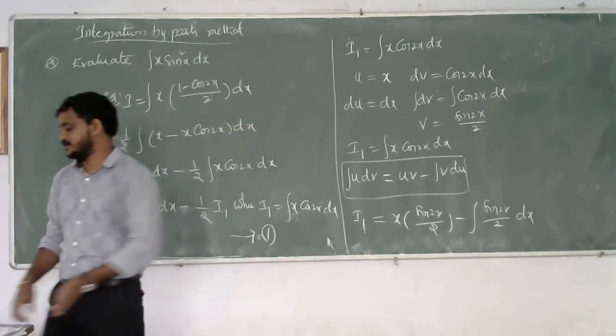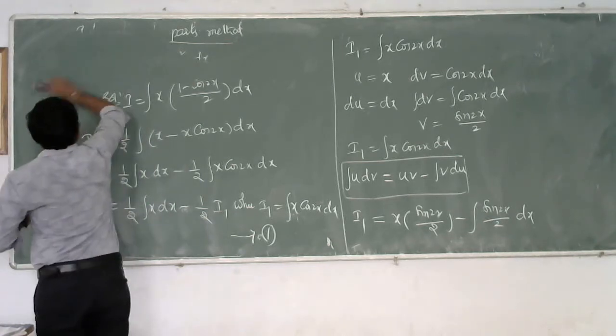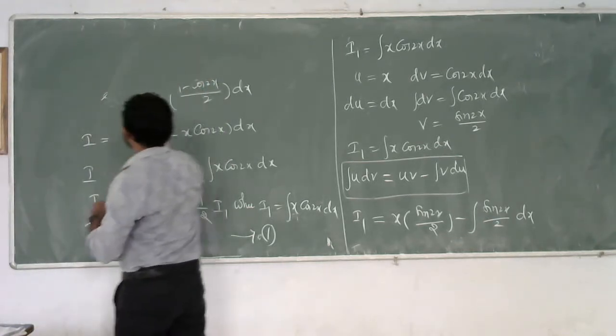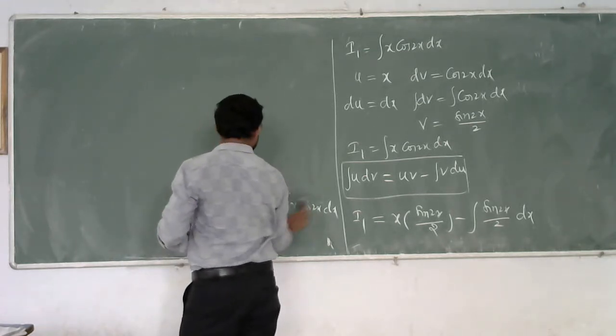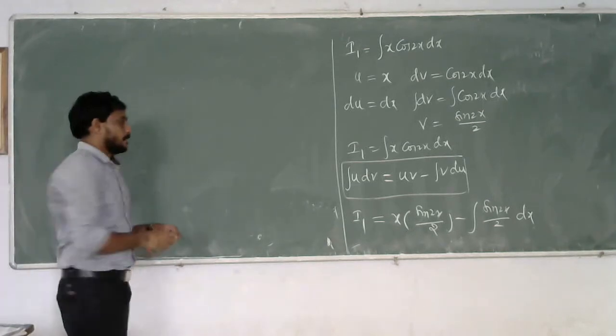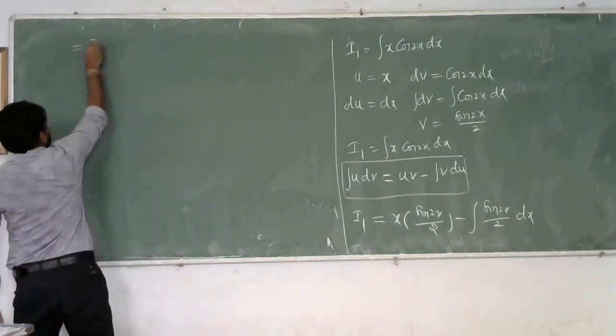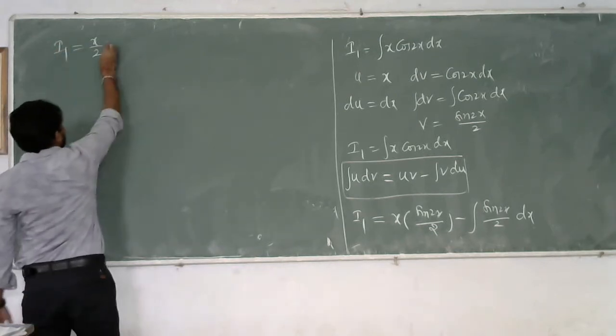Then let us simplify it. So let us simplify. First of all, you get x by 2 into sin 2x.